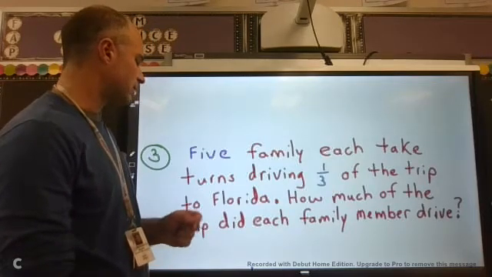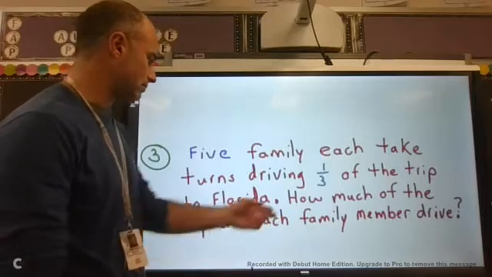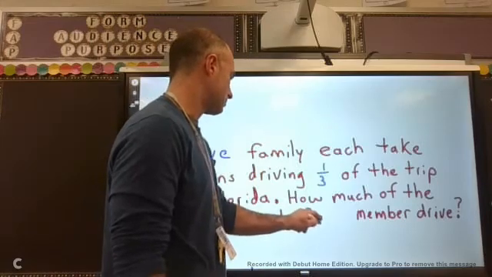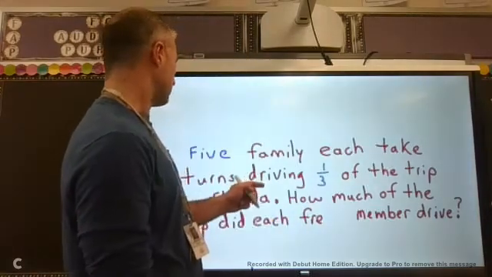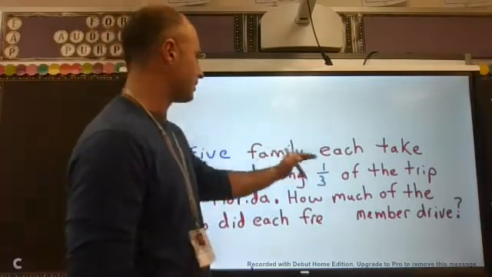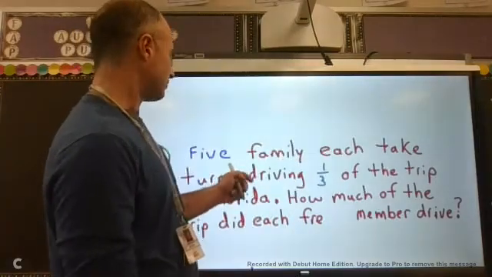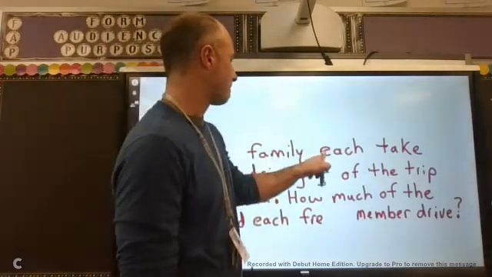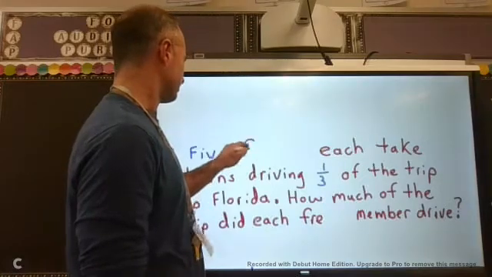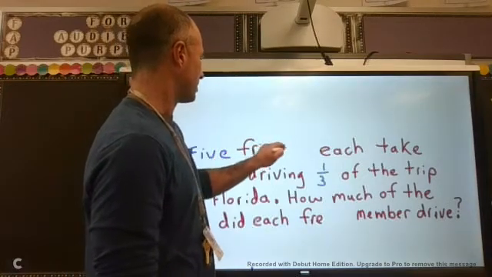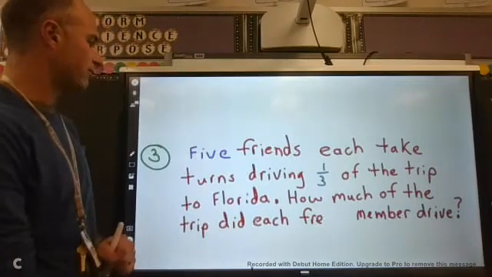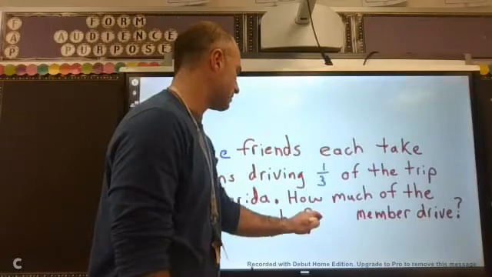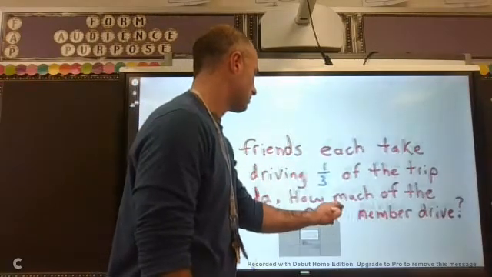How much of the trip did each family member or friend, let's change this to friend, each friend, I read that incorrectly, I'm sorry, 5 families, that makes no sense whatsoever. 5 friends each take turns driving 1/3 of the trip to Florida. How much of the trip did each friend drive?